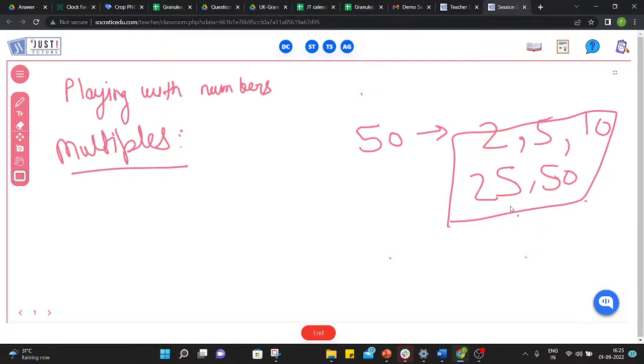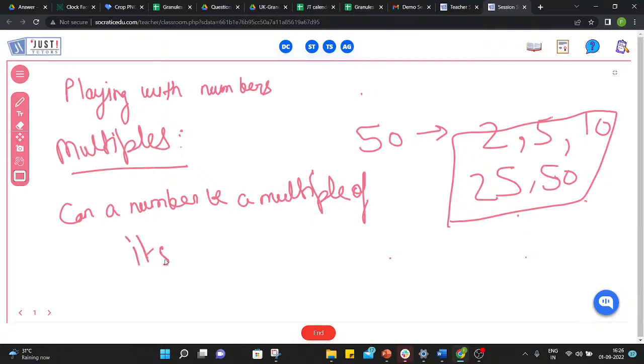Okay, can a number be a multiple of itself? Let me write it. Can a number be a multiple or factor of itself?